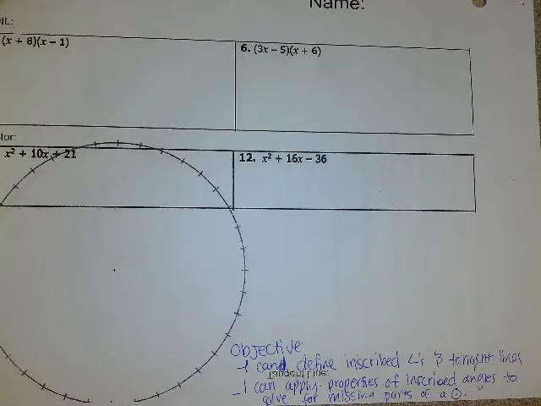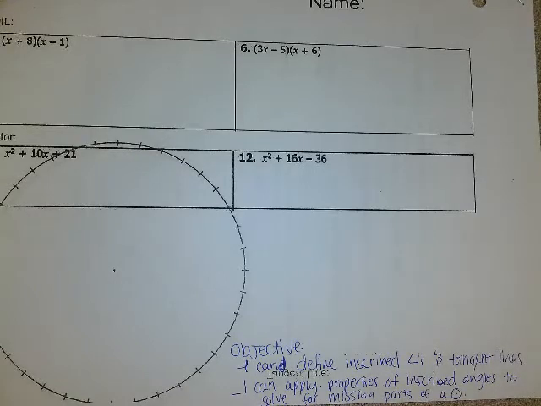So are there any words that look new to you here? Inscribe, okay. Any words that are familiar to you? Tangent. We've got angles. We know what an angle is, right? We know what a line is.